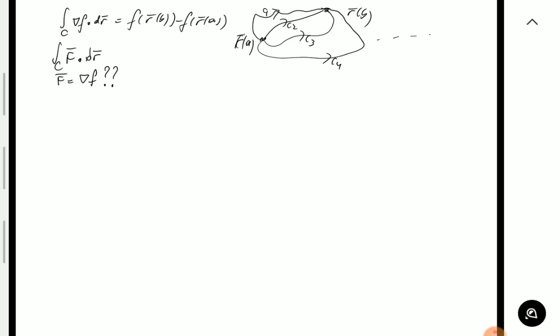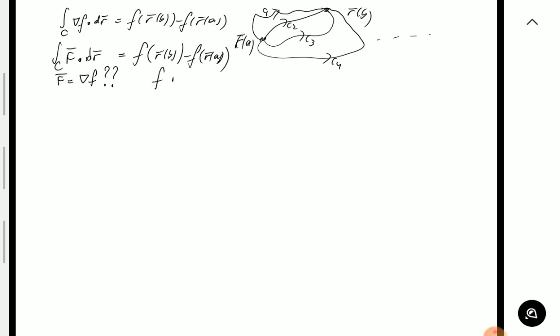You don't have to worry about the parametrization of that curve. You only need to know the initial and the terminal point, and then the integral is little f, whose gradient is big F, at the final point minus f at the initial point. So there is a terminology here.